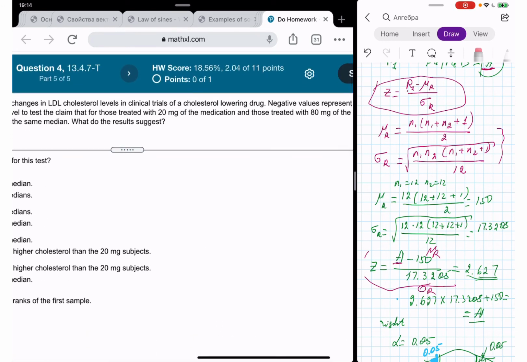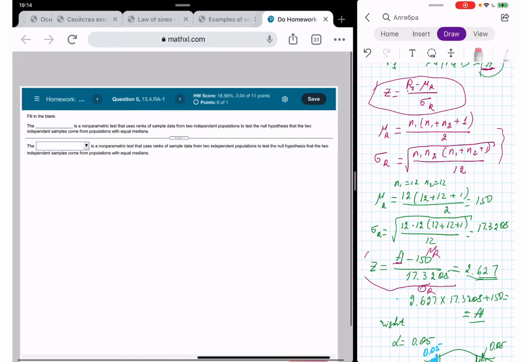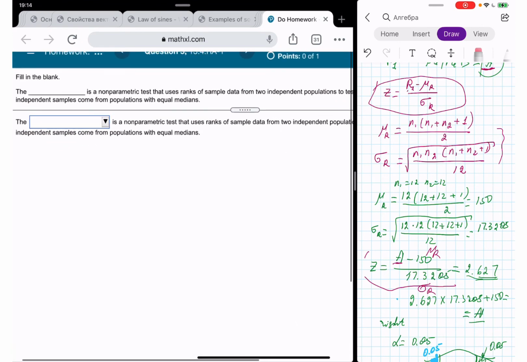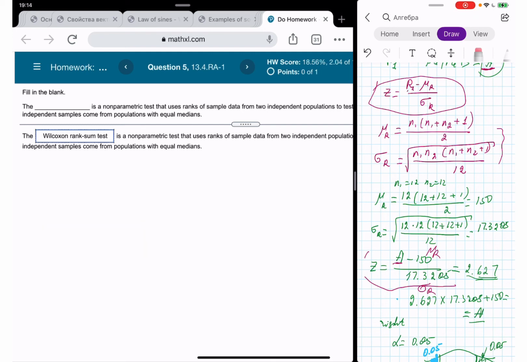Okay, question number 15. Let's see what we have here. It is a non-parametric test using ranks of sample data from independent samples. There is no question, it is the Wilcoxon rank sum.